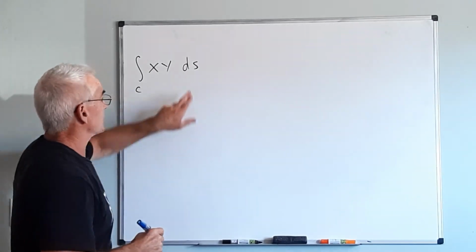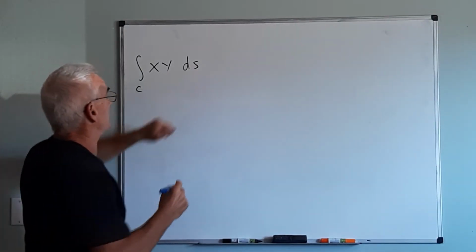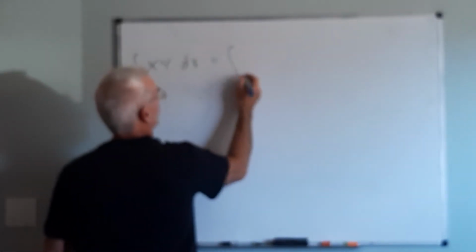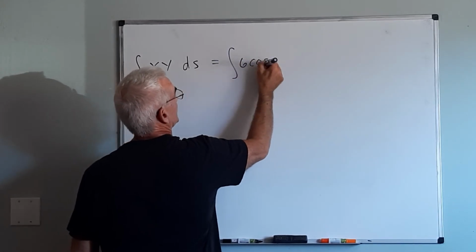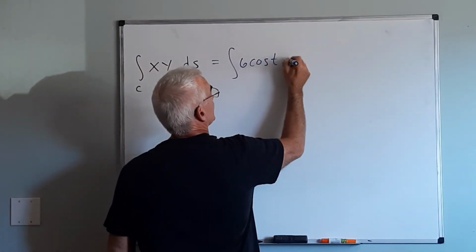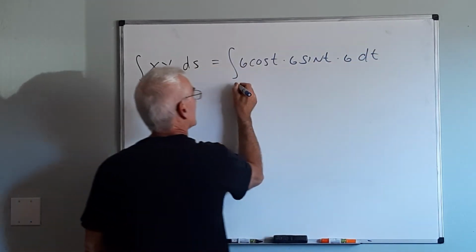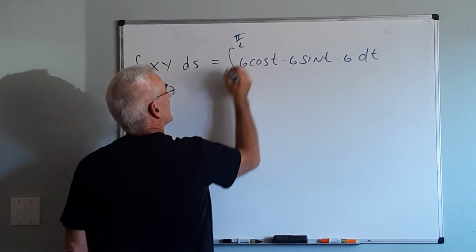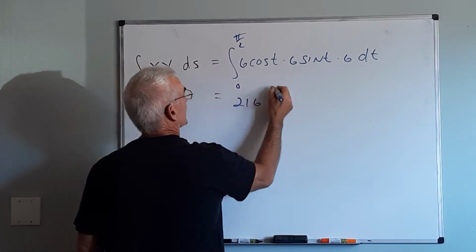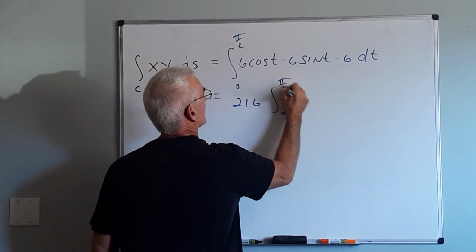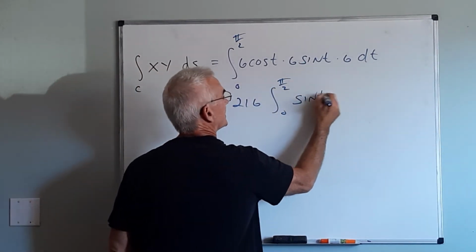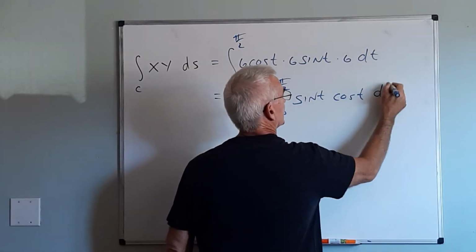Now, the third case, we're going to integrate with respect to the arc length parameter. So here we will get, again, 6 times the cosine of t, 6 times the sine of t, and then 6 dt, 0 to pi over 2, which would be 216. And we'll write this as sine t cos t dt.